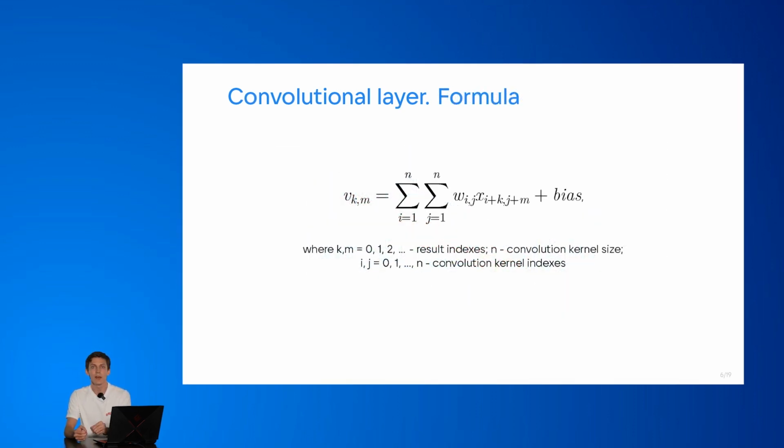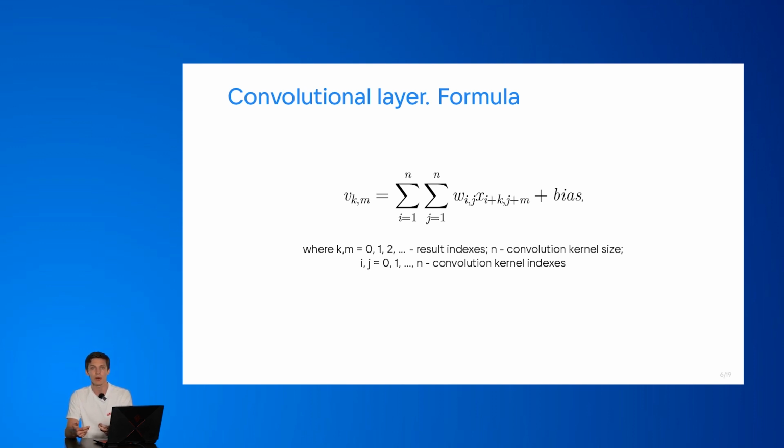Here we can see a formula that describes a convolutional layer. We can see a bias. This number is similar to the bias in fully connected networks. It will be added to the resulting -8 in the previous example. A convolutional layer is a linear transform.